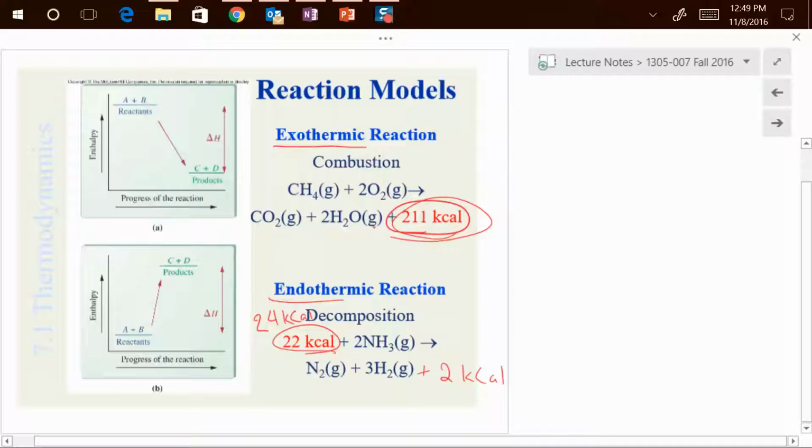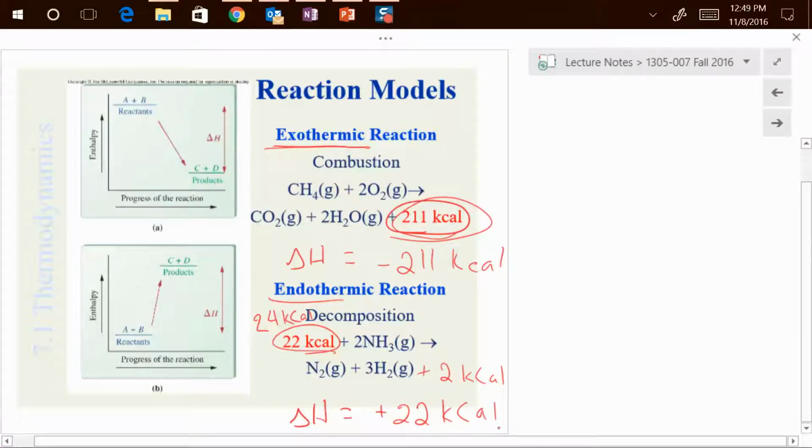We just wrote it as a product, and we said it was exothermic. But my delta H here would be equal to negative 211 kilocalories because this is an exothermic reaction. Here, my delta H equals a positive 22 kilocalories of energy because it's an endothermic reaction.